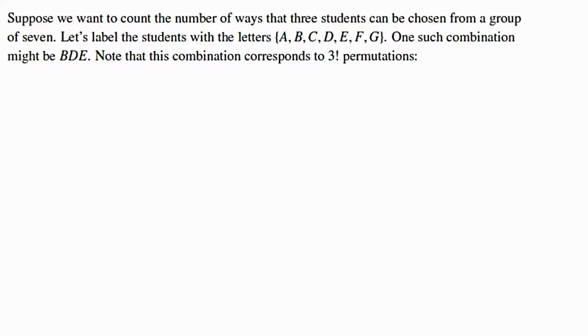I can choose another combination, I can say A, B, C. That's another combination, but out of that combination, there's another 3 factorial ways of arranging it. And then you can have B, C, D. That's another combination of 3, but then there are 3 factorial ways of doing that. That's what I'm trying to say here. For every combination you have, they each have 3 factorial, just like what we did before.